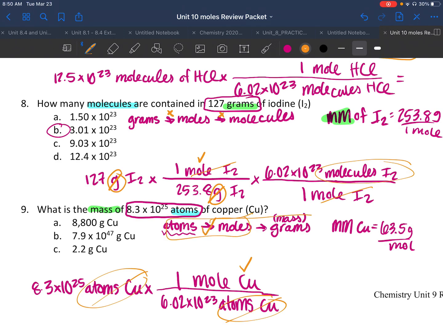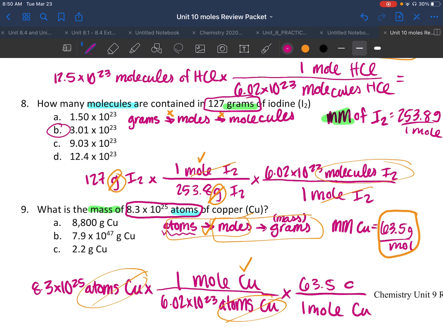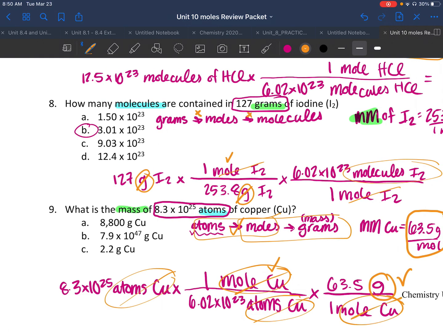Our next step is going from moles to grams, which we already decided we need molar mass for. So if we set that up, do we use our molar mass as is, or do we have to flip it? Hopefully you said as is, because now if we use it as is, for every 1 mole of copper, we have 63.5 grams. So grams is our target unit. We want that on top. Our moles of Cu cancel out with moles of Cu here.